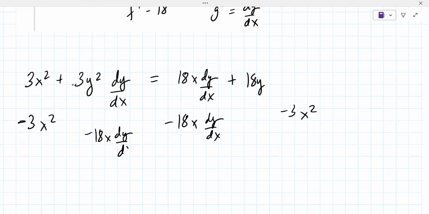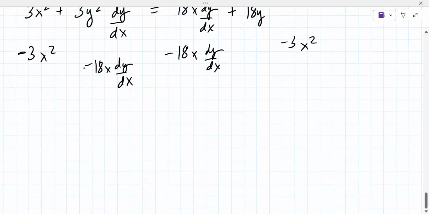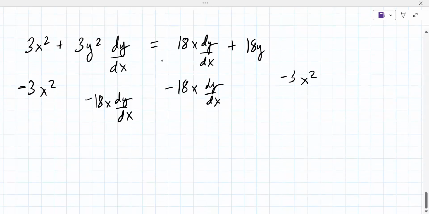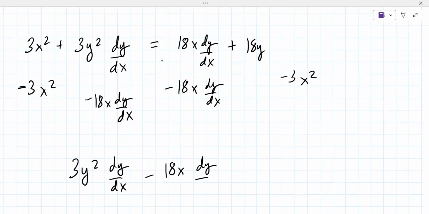So it's 3y squared dy dx minus 18x dy dx equals 18y minus 3x squared. Just take a moment to look that over, recognize that all I did was rearrange terms. There's no calculus at this point, calculus is done.